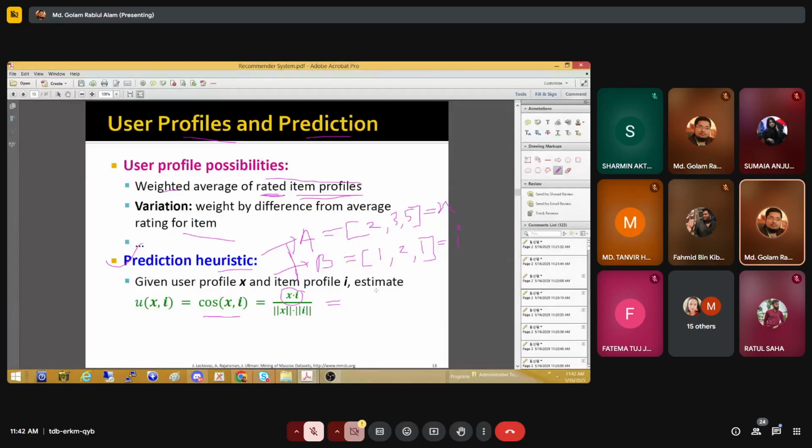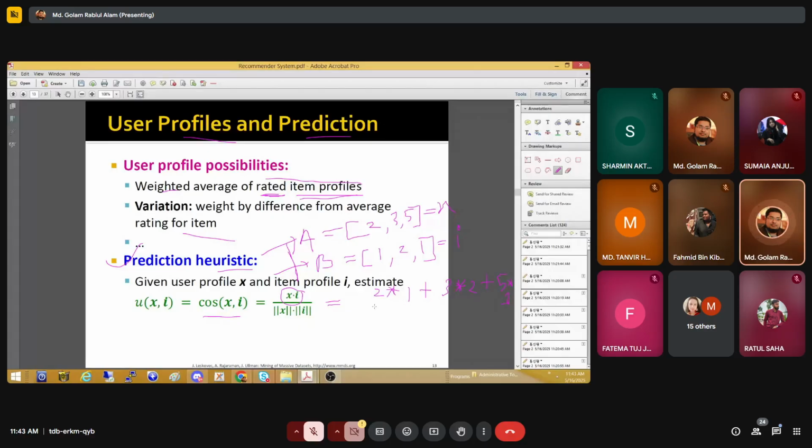So the dot product will be 2 times 1, plus 3 times 2, and then plus 5 times 1.